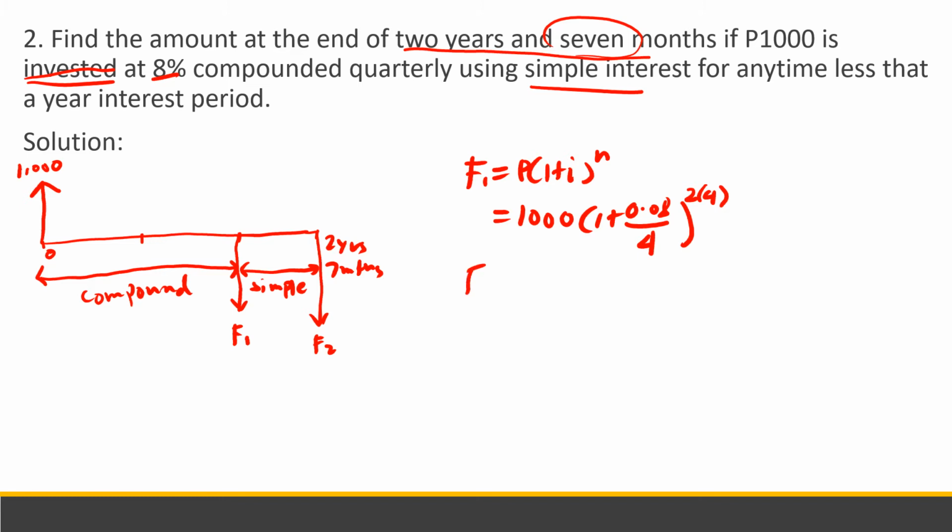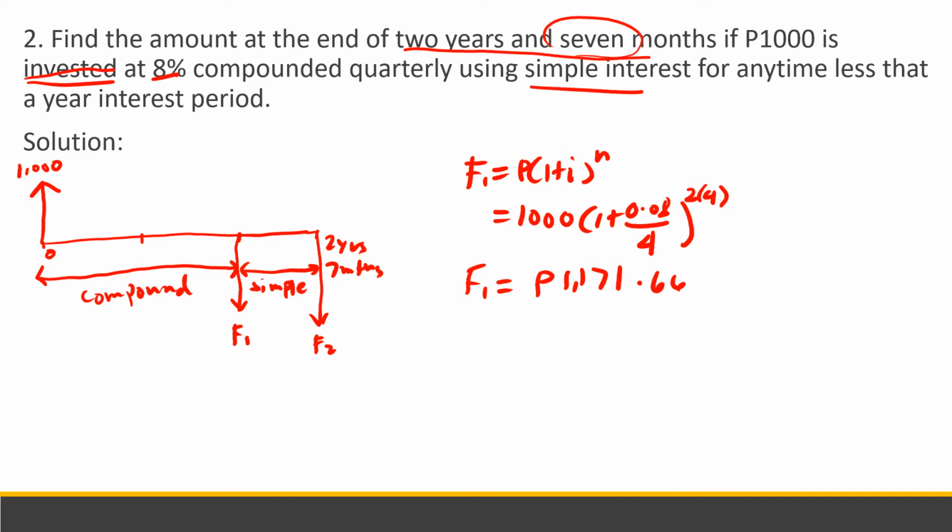So this is F1 is equals to 1,171.66. So ngayon naman sa F2.